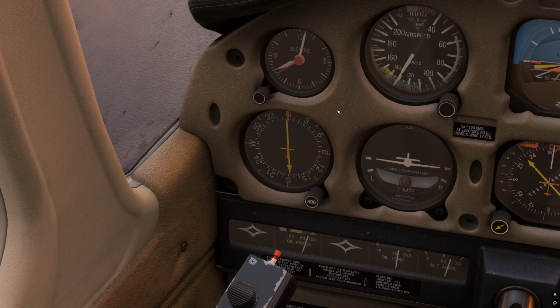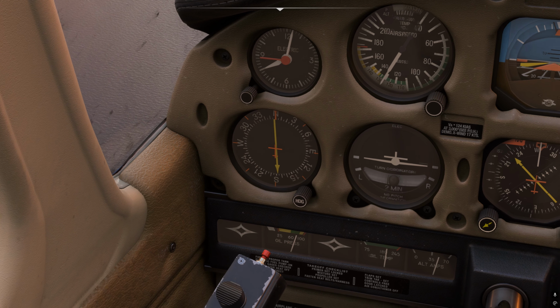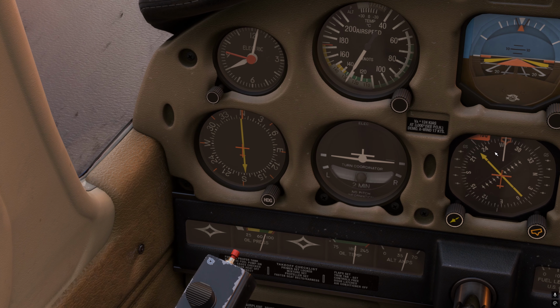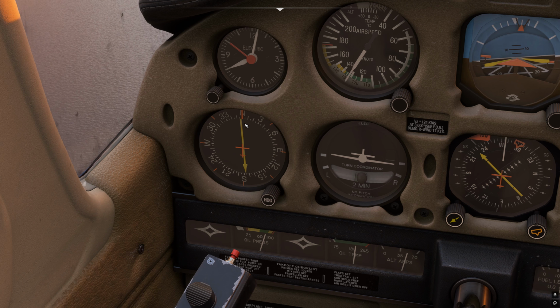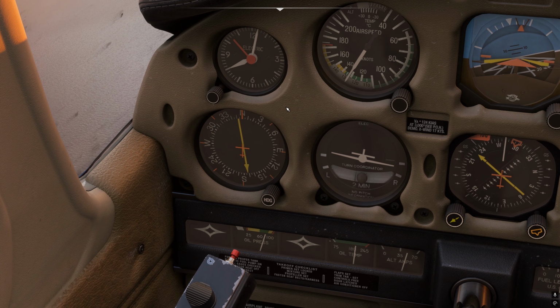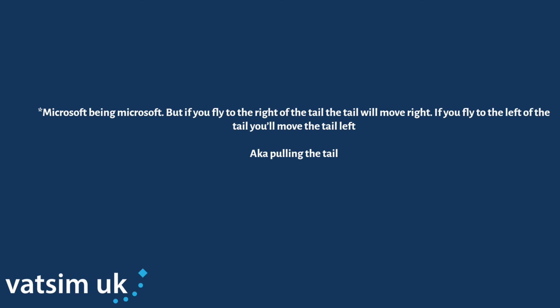So what I'd need to do is literally pull the tail. For me to move the tail right, I need to go right. So you see my heading here, ignore numbers and directions. I'm moving it to the right to now pull the tail around to the right.